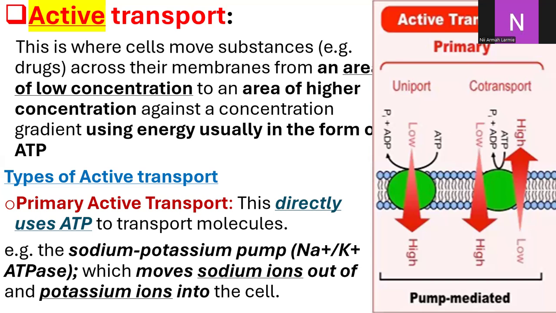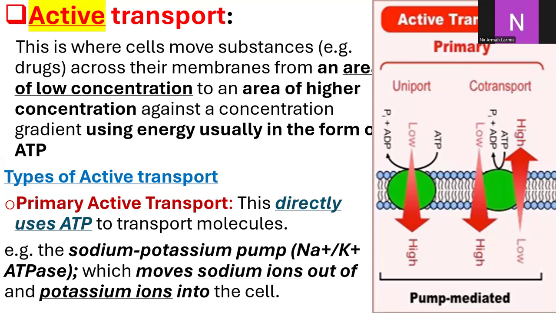Usually that means that sodium concentration outside the cell is going to be more than inside the cell. So energy is required to move the sodium ion, which is in lower concentration inside the cell, outside the cell, and therefore energy is used.